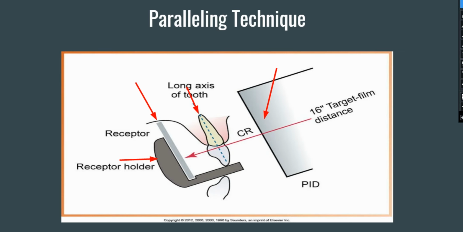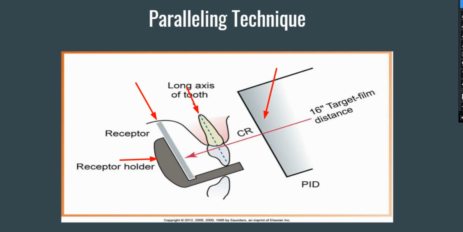So with our tube head here, this CR is our central ray. The central ray is going to exit the tube head and hit this tooth. The long axis of the tooth divides it in half. So it's going to hit that tooth and form this 90-degree angle and carry on and hit the film, which is parallel to the long axis of the tooth.